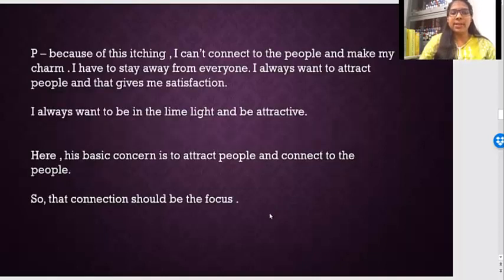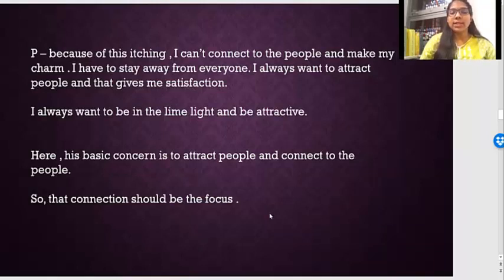Further, the patient says, because of this itching, I cannot connect to people and make my charm. I have to stay away from everyone. I always want to attract people and that gives me satisfaction. I always want to be in the limelight and be attractive.